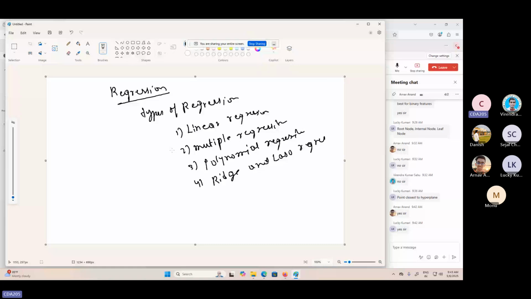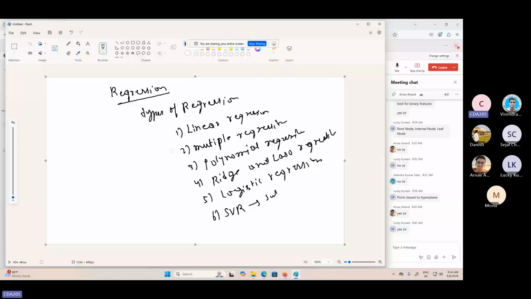The fifth type is logistic regression. Then we have SVR, support vector regression, the extension version of SVM.